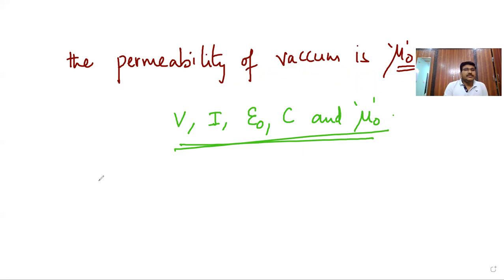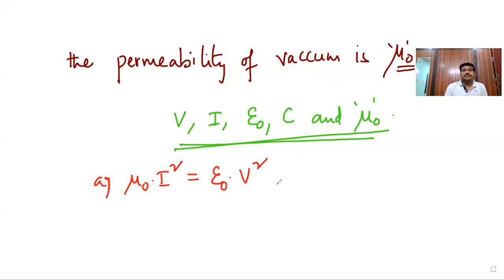The first option he has given is mu naught into I square is equal to epsilon into V square.